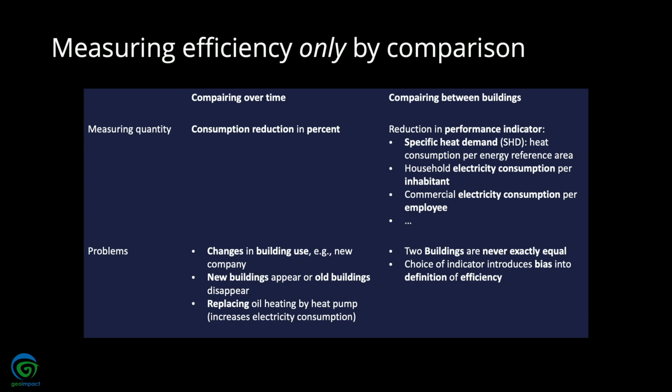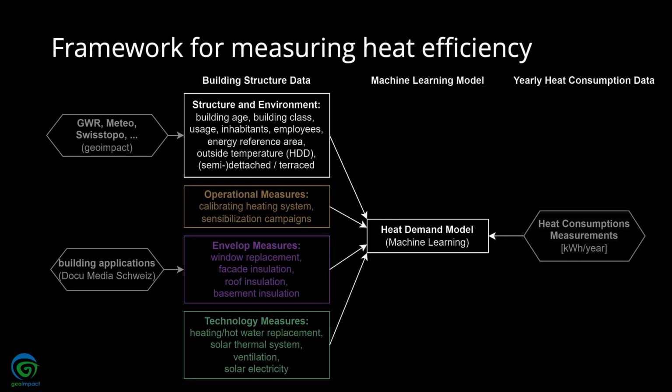So now we want to propose a framework to disentangle these numbers into the different effects of measures. This is what the framework looks like. We have here the structural data. This is the data that we ideally would have, or almost have already today, I would say.